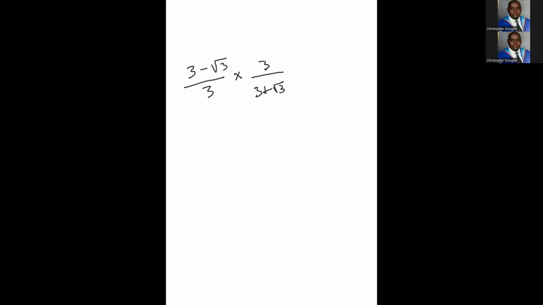I can't cancel the 3 minus root 3 and 3 plus root 3. Can't cancel that. What can I cancel? I can cancel the 3's here. 3 into 3 goes 1 time. I then multiply across. So what I then get is 3 minus root 3 over 3 plus root 3. And that is my final answer as to how I can find those values without the use of a calculator.